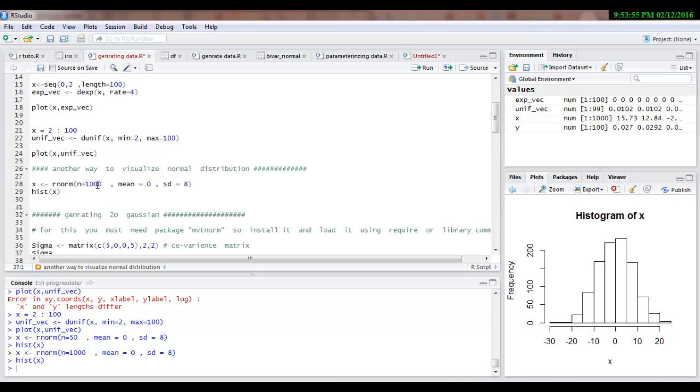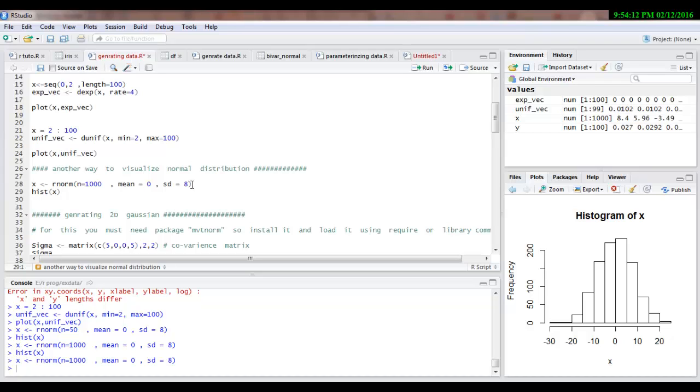So now we are generating 1000 numbers which follow a normal distribution with mean equal to 0 and standard deviation equal to 8. I am going to store all those numbers into the x vector.